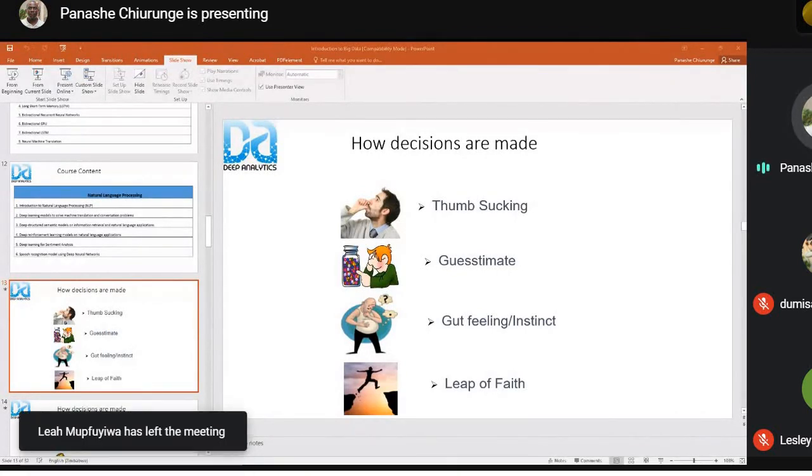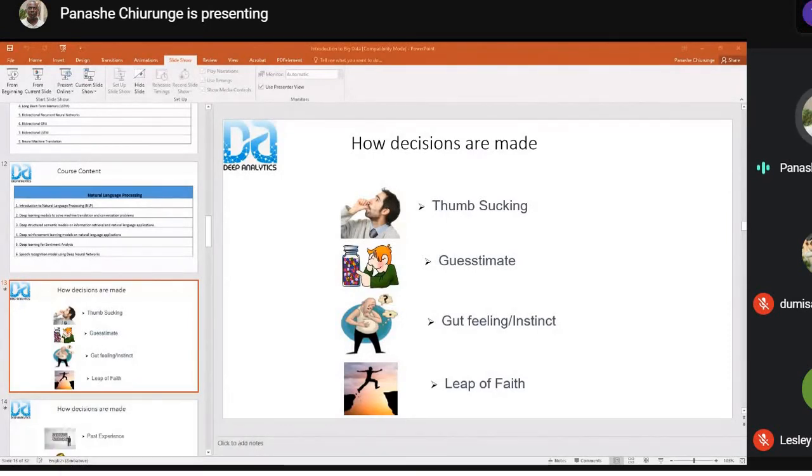When we say data science, what do we mean when we say data analytics? For effective decision making, what do we actually mean by that? So let's look at how decisions are made.